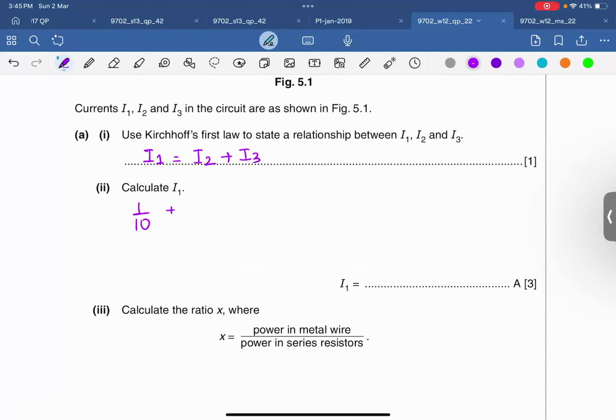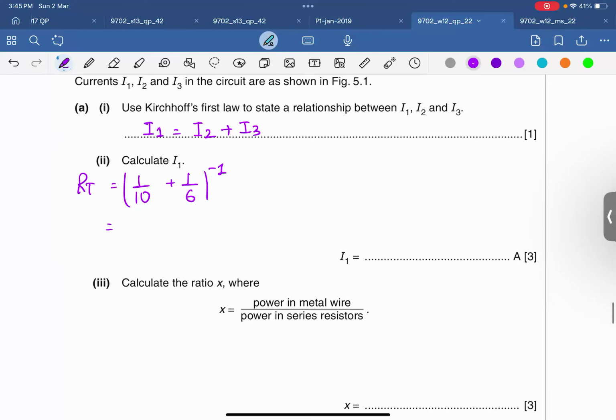1 over 10 plus 1 over 6, and I'm just putting a -1 power. It will give me the total resistance, 3.75. Very good. Now we have the total resistance and we know the voltage.